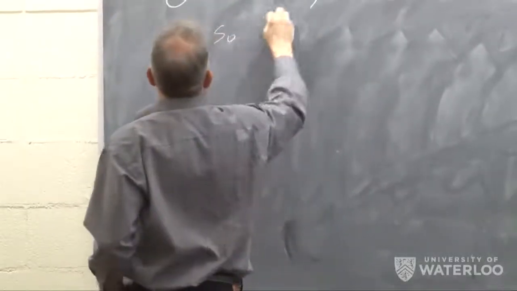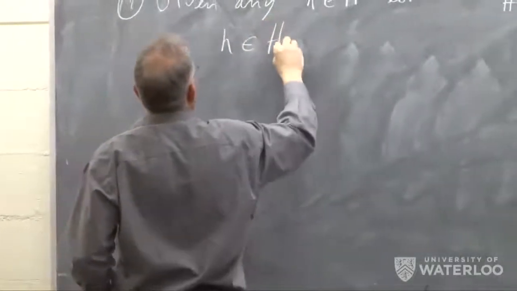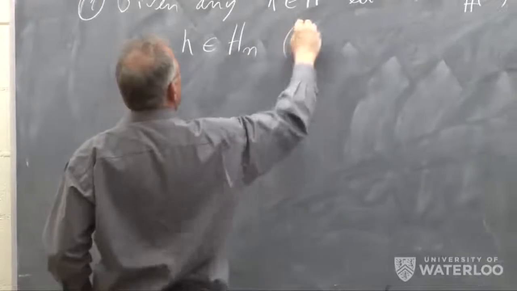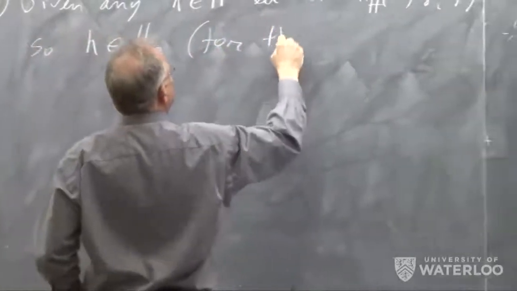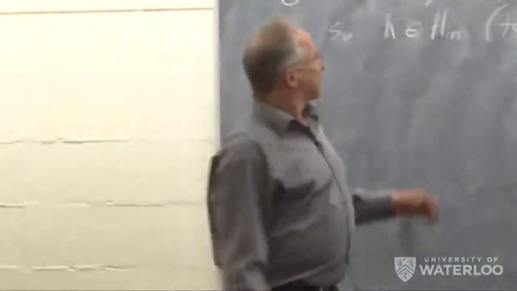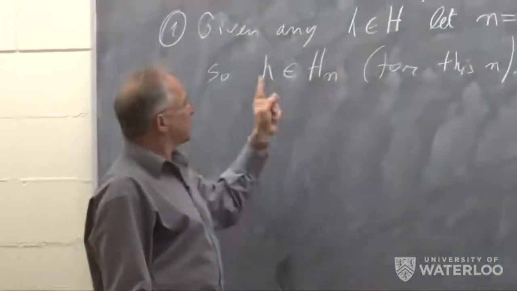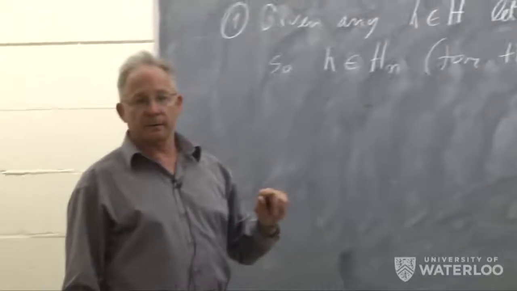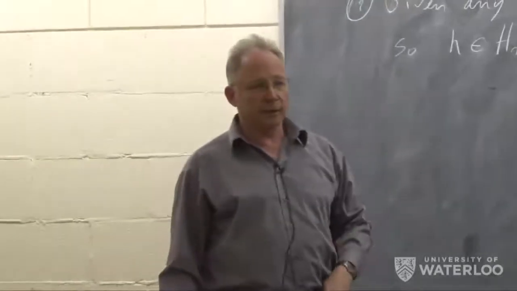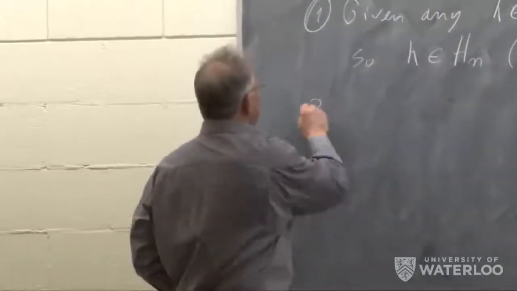So h belongs to Hn for this n. It means that every h in H belongs to one of the classes, so the union covers H. What about requirement 2?